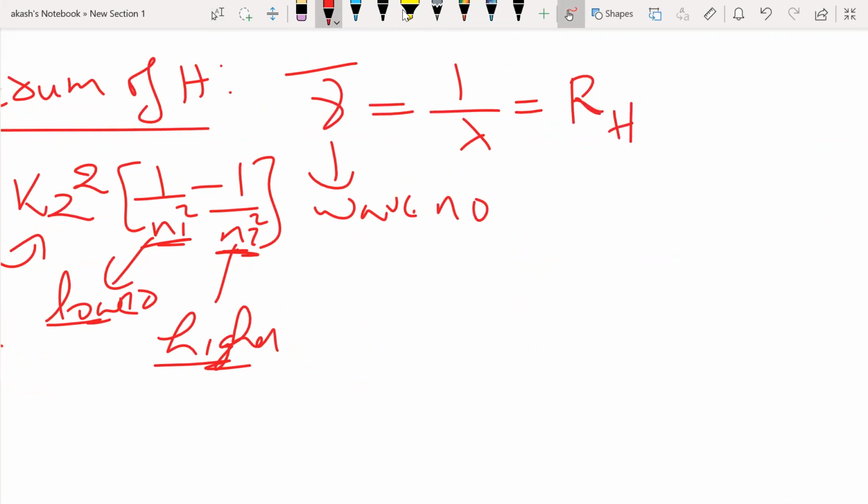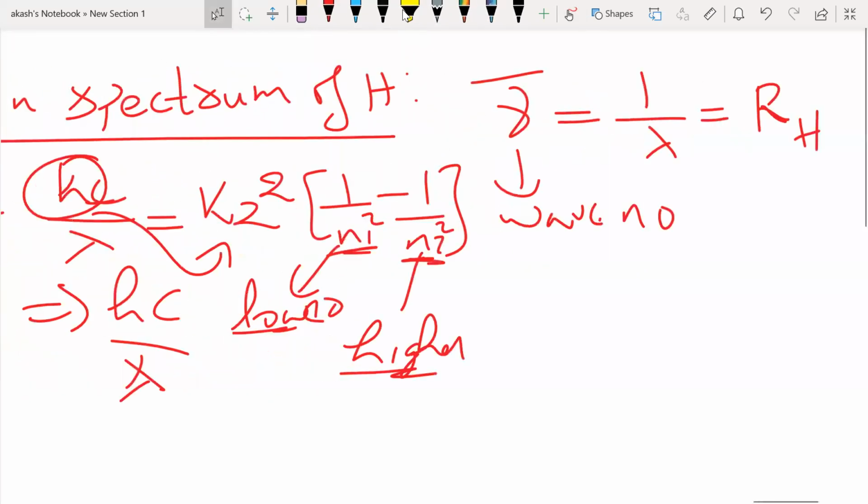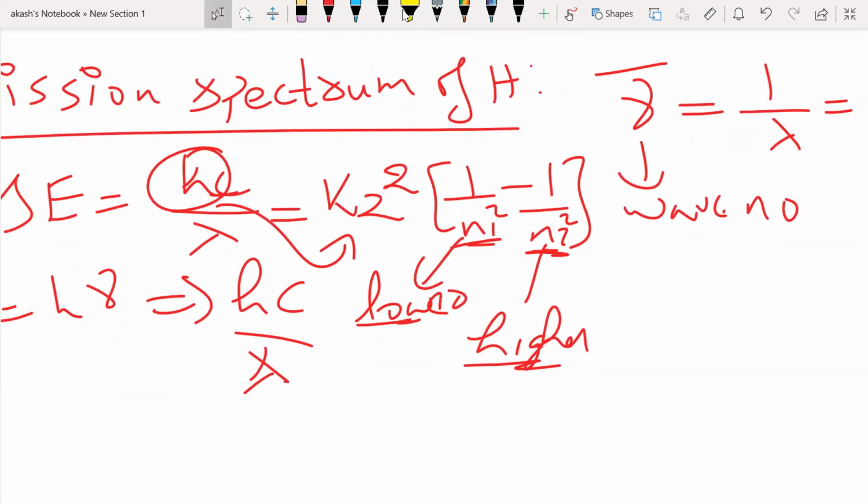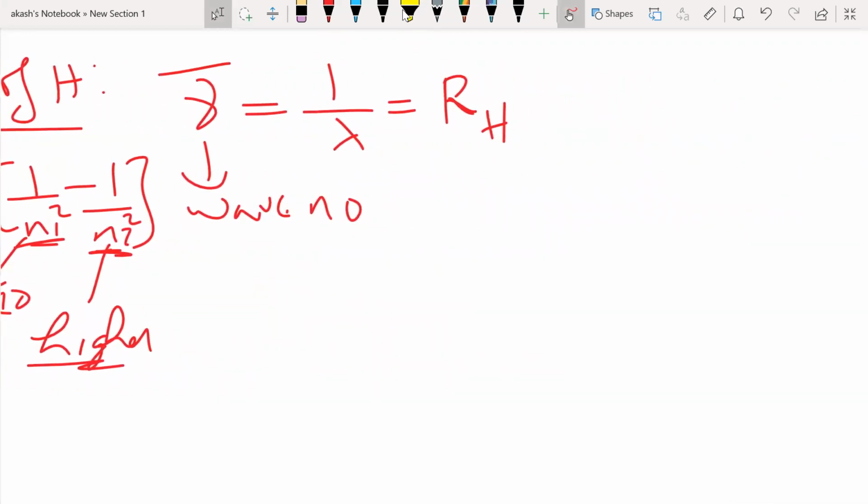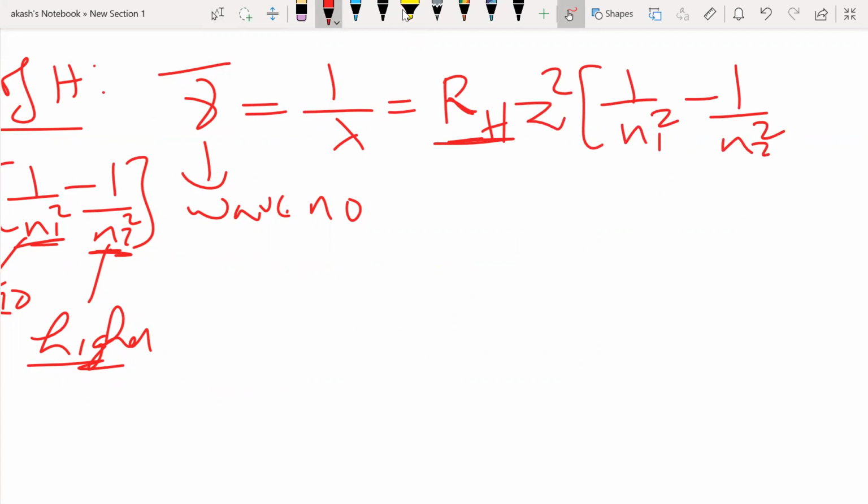This is going to be another constant, because there is already a constant k, and h and c are other constants. All of them together bring this particular constant, your Rydberg's constant. I'll tell you the value, don't worry. So this is RH Z squared into 1 by n1 squared minus 1 by n2 squared. As simple as that.